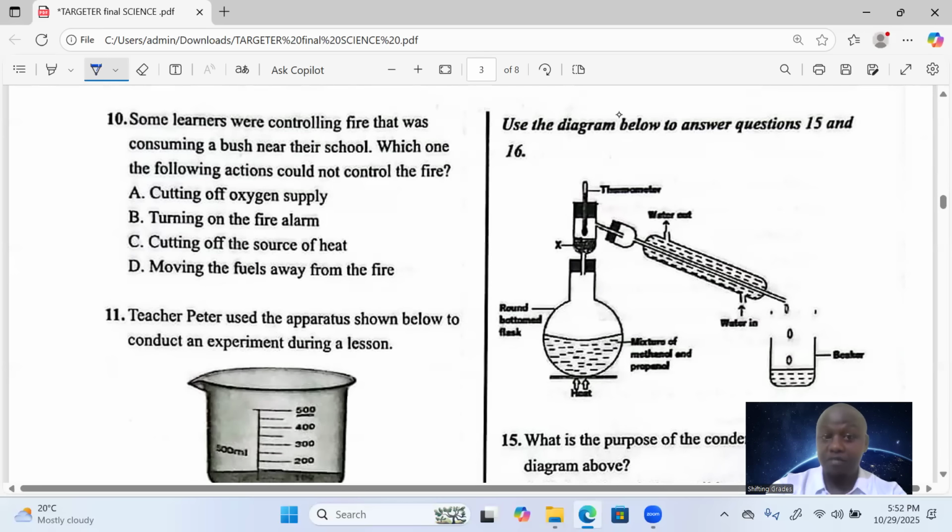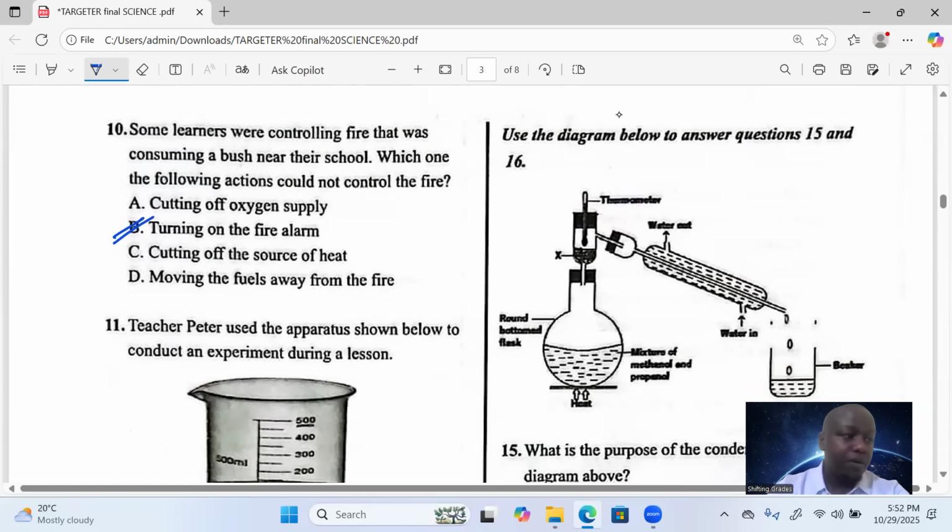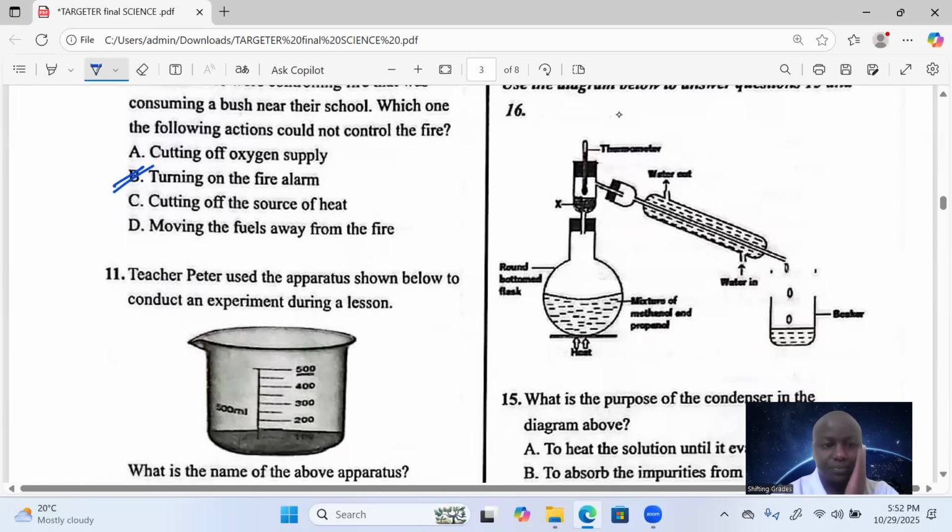We need a source of heat for fire to thrive, right? Moving the fuels away from the fire. So turning on the fire alarm, that one cannot stop the fire. But when you look at the other events there, they can control the fire, except B.